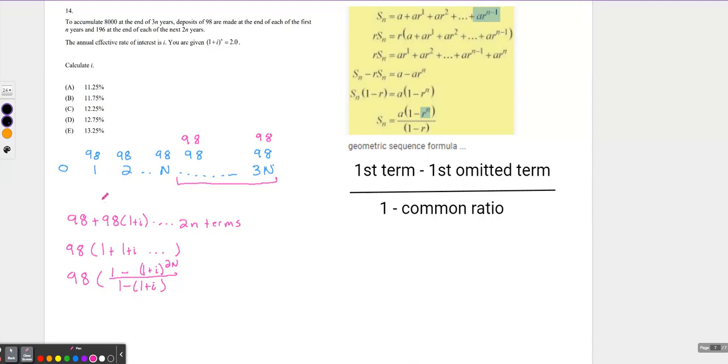Okay. Now let's do the blue. It's going to be the same idea. It's just going to be 98 plus 98(1+i), dot, dot, dot. We have now 3n terms, okay?